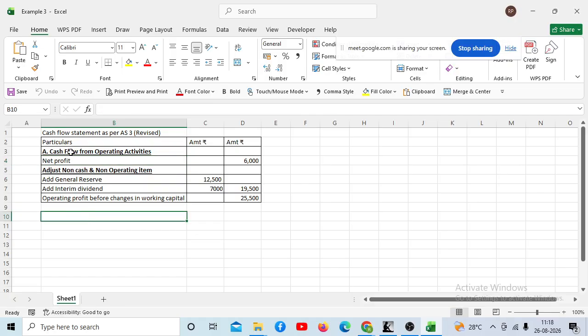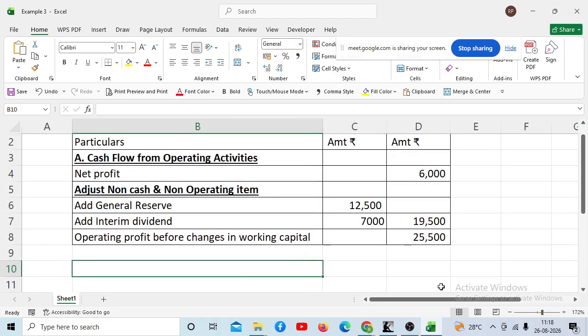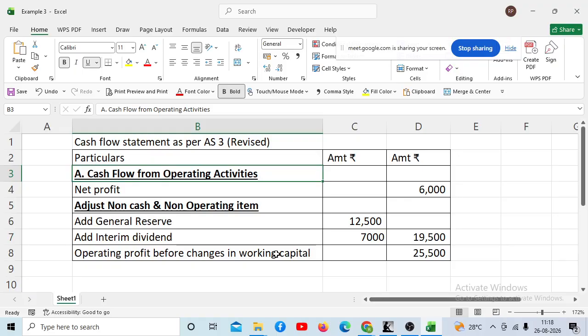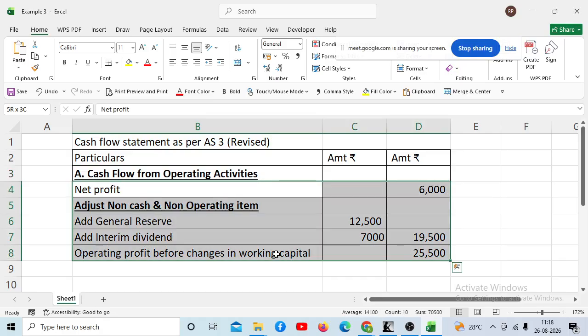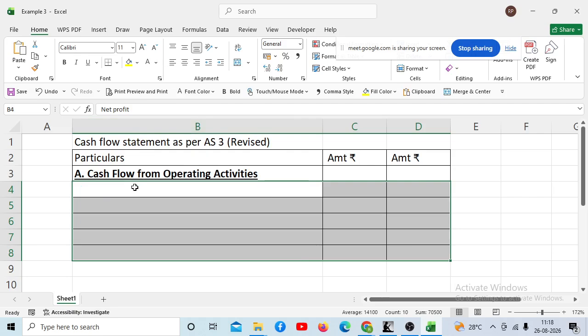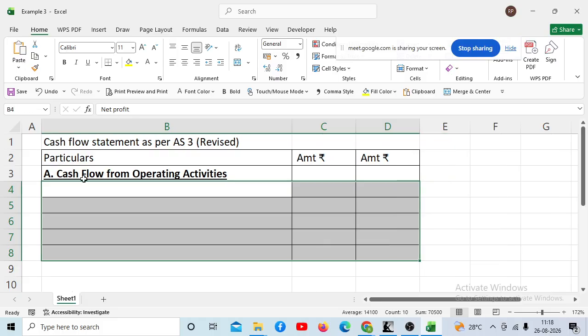Okay, just prepare these columns, and we will be doing only the operating activity, because it is not a full-fledged question. Only cash flow from operating activity. Prepare it in this format. Okay, once the columns are ready, please tell me it is done.